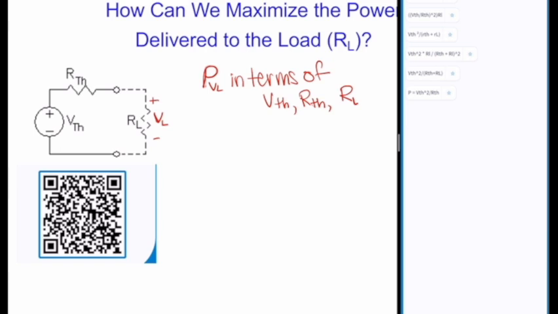Now we know the voltage, so you need to use the current, and you can find it.